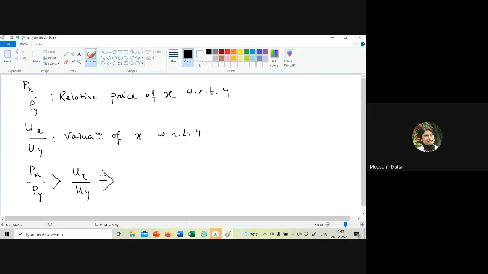So if you feel that the relative price you are paying for x is greater than the relative satisfaction you are getting out of x, in that case, being a rational consumer, you will continuously reduce the consumption of x.